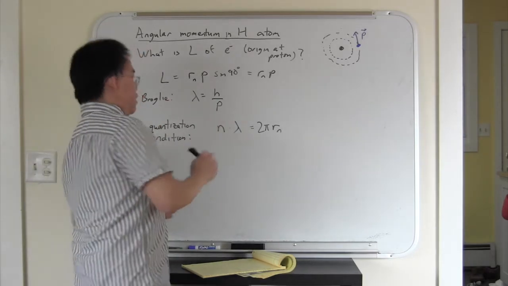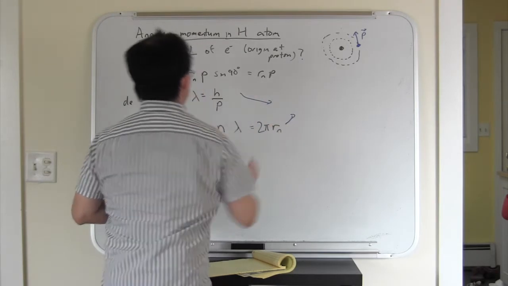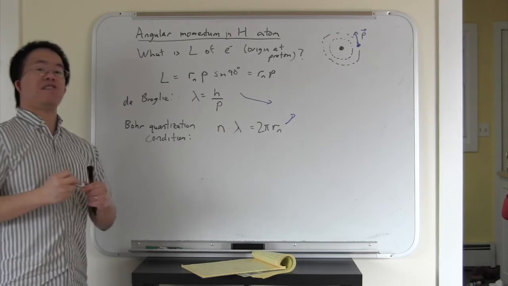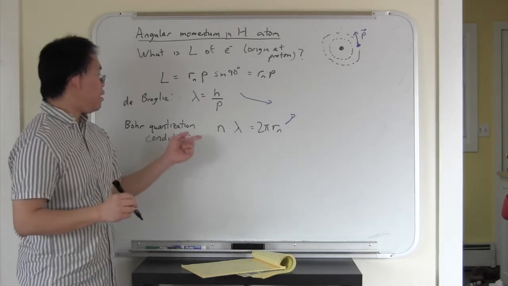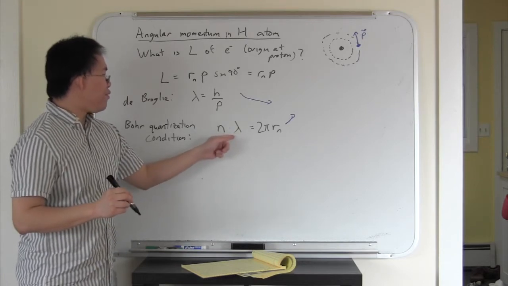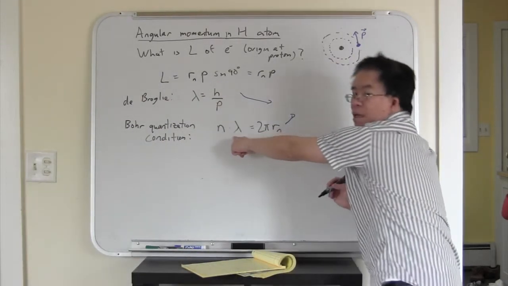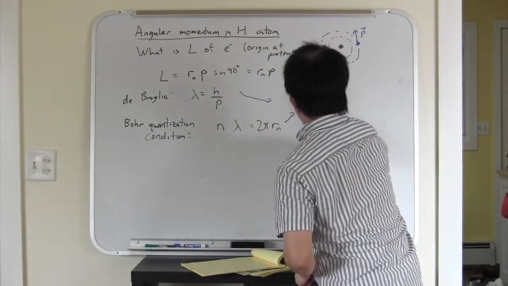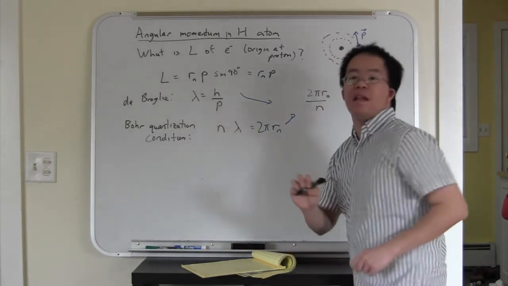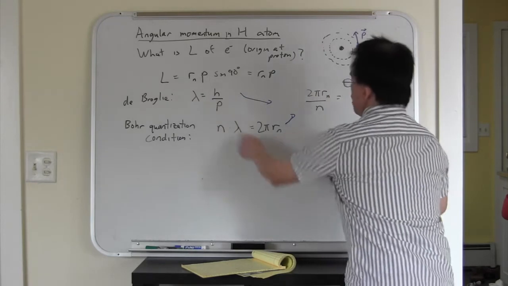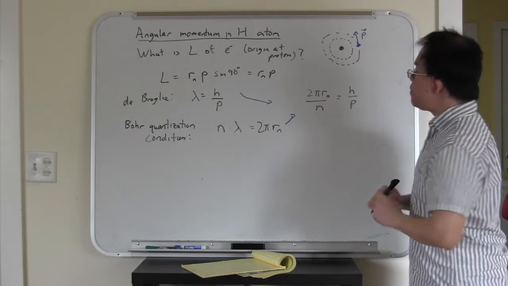Well, put these two things together. If I put those together, I can find p in terms of r sub n. So if I solve this for lambda and plug that in here, I get lambda equals 2 pi r sub n divided by n equals, from up here, h over p.